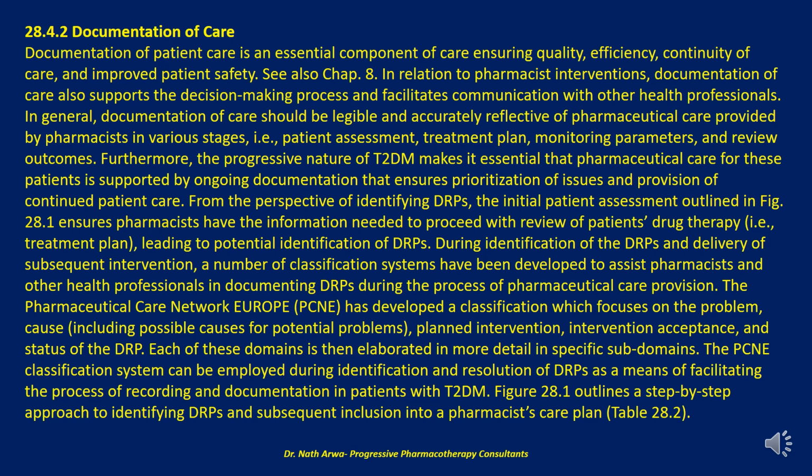The PCNE classification system can be employed during identification and resolution of drug-related problems as a means of facilitating the process of recording and documentation in patients with type 2 diabetes mellitus. Figure 28.1 outlines a step-by-step approach to identifying drug-related problems and subsequent inclusion into a pharmacist's care plan.